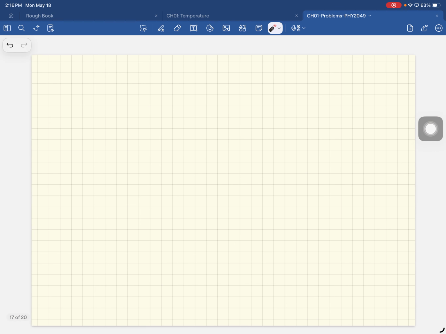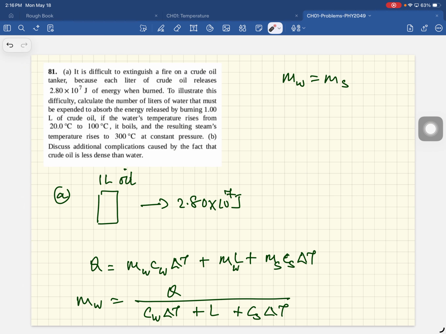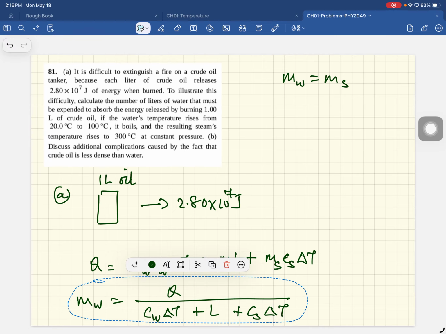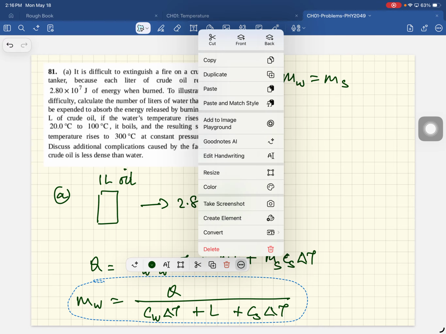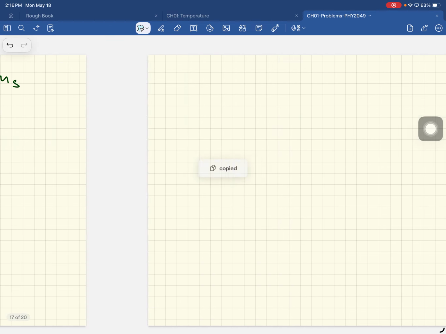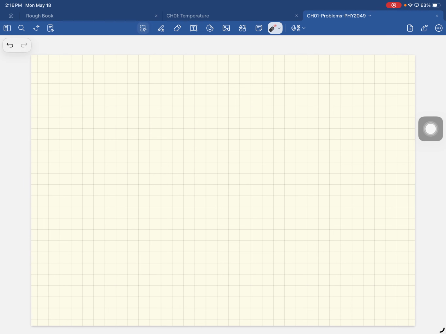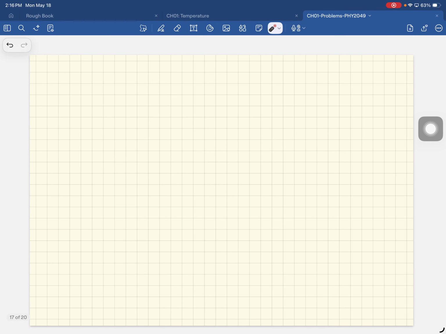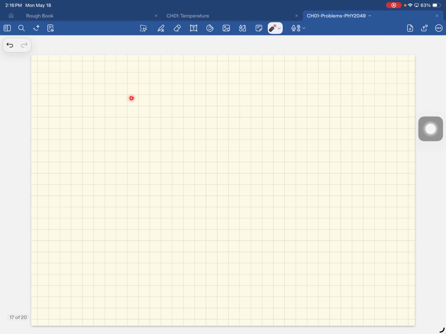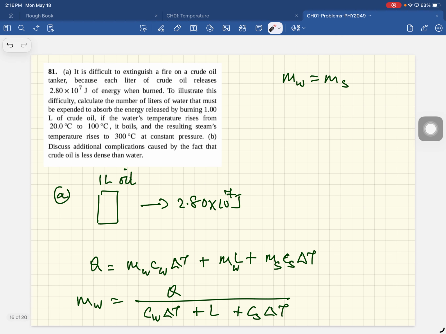So the mass is density times volume. Density is 917 kg per meter cubed.